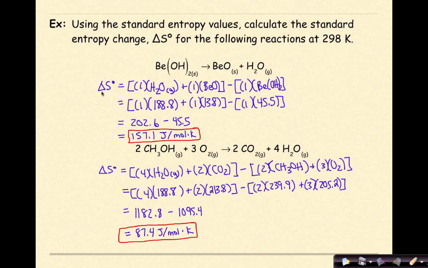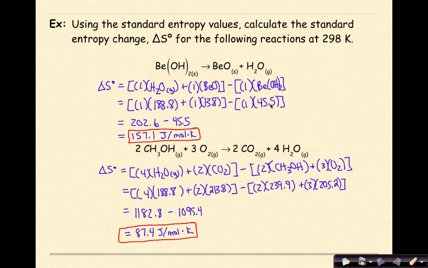Our change in entropy at the standard state for Be(OH)2 decomposing to BeO and H2O proceeds as follows. I'm going to do my products minus my reactant. I substitute in my values for my gaseous water, my BeO, and my Be(OH)2. I multiply and add my values for my products together to get 202.6.